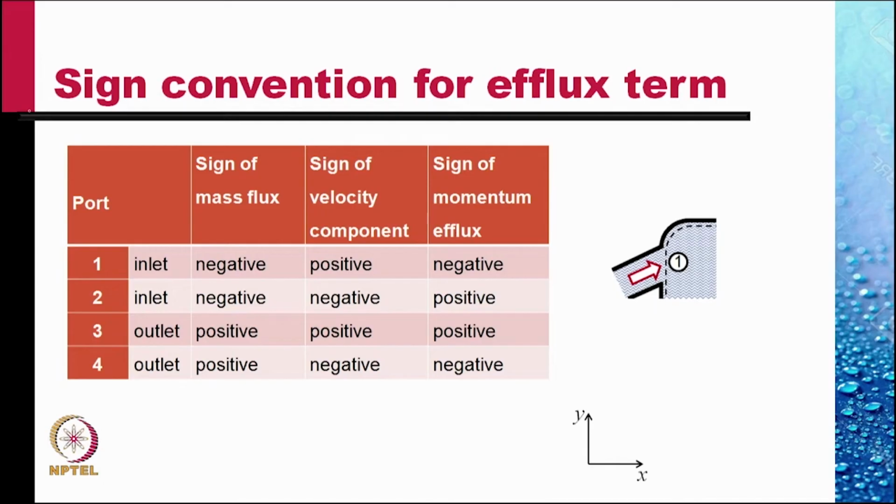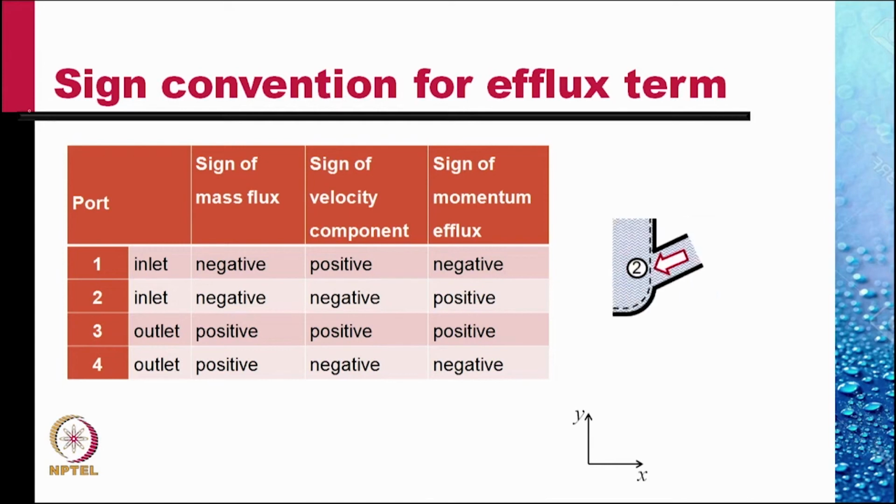So the velocity vector is positive in the x and y components, whereas the area vector is downwards. So the sign of the mass flux is negative and the sign of the velocity component positive. The sign of the momentum efflux would be negative.